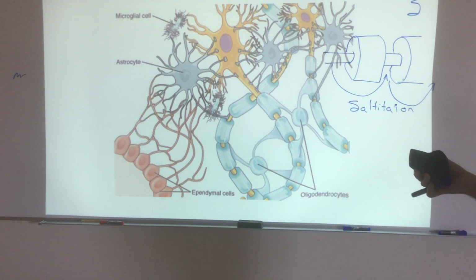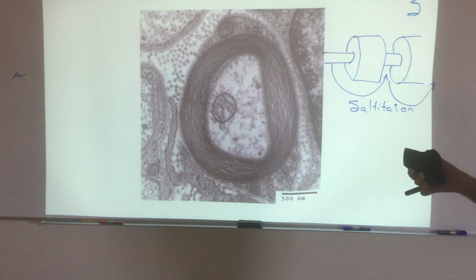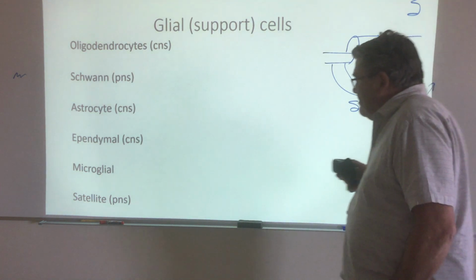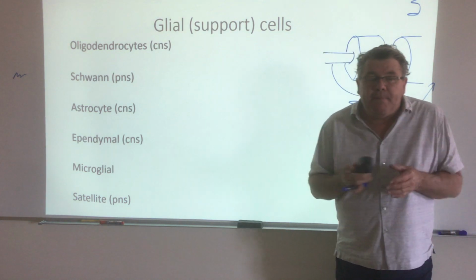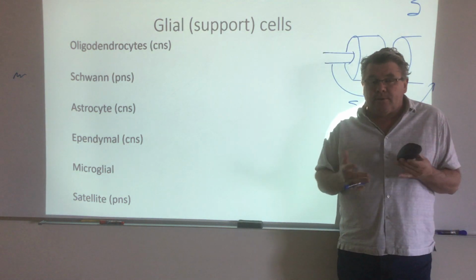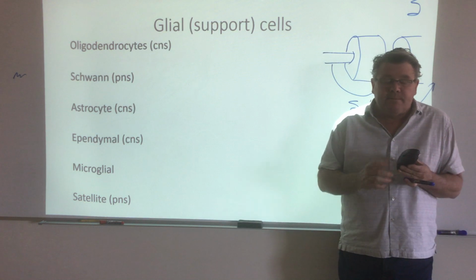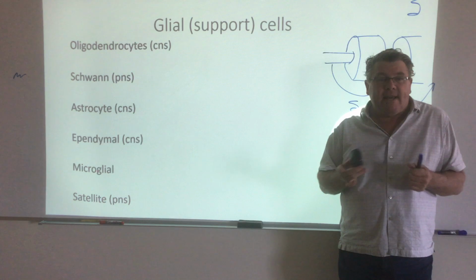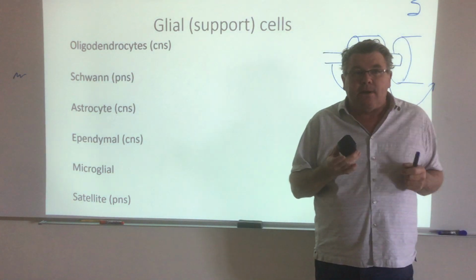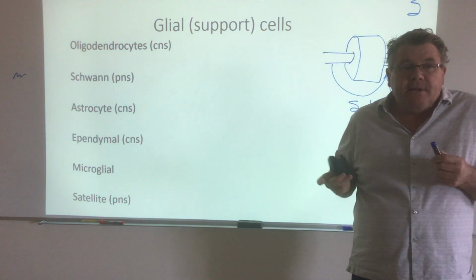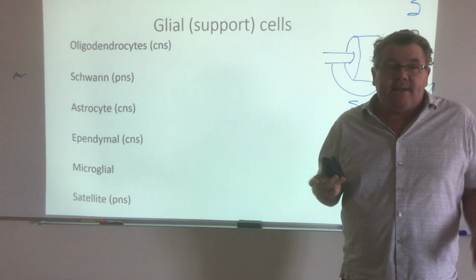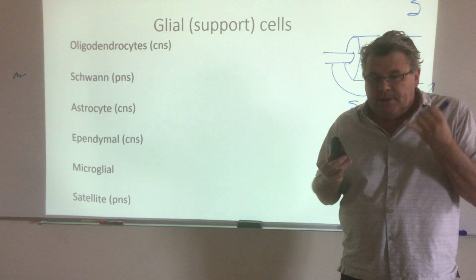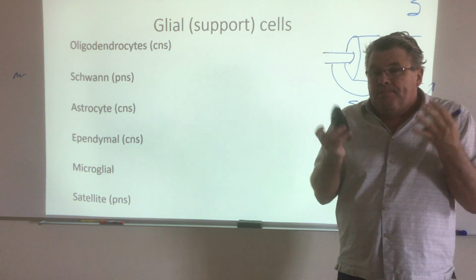And then we have, let me go back this way, the satellite cells. Now keep in mind what I just mentioned about neurons. They can't take care of themselves. They're not dividing. What satellite cells will do is wrap themselves around neurons. When they wrap themselves around neurons, they take care of them. They make sure the temperature is right. They make sure the pH is right.